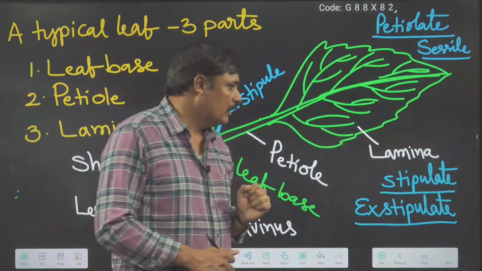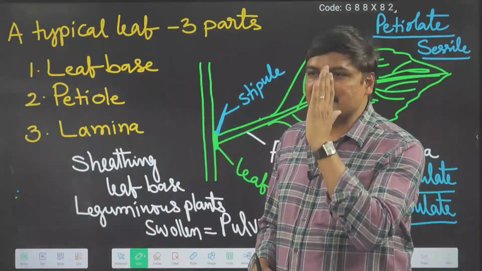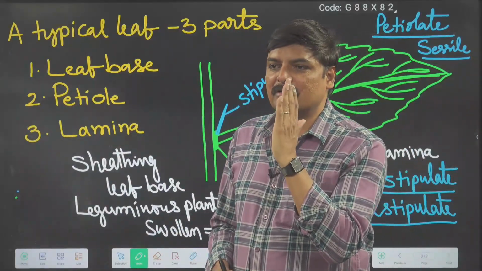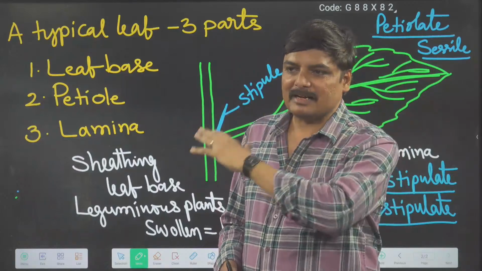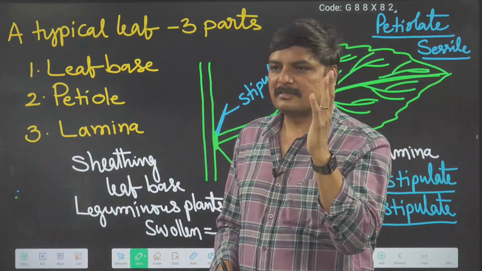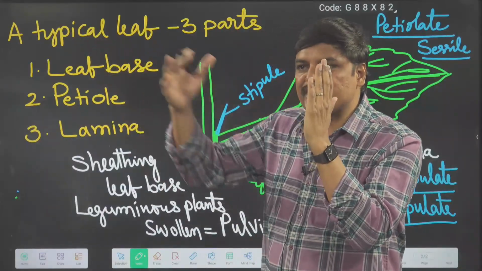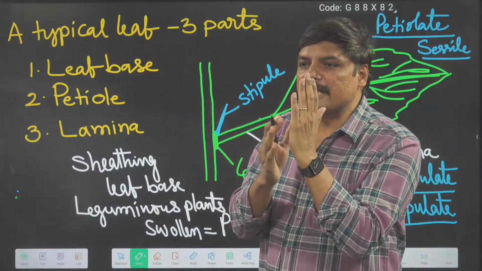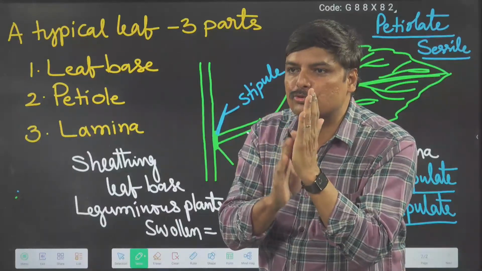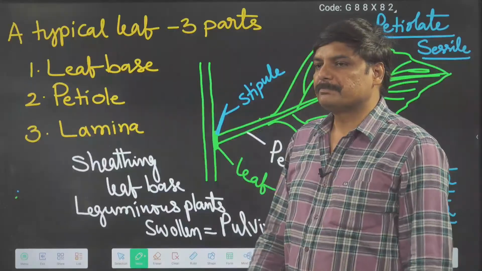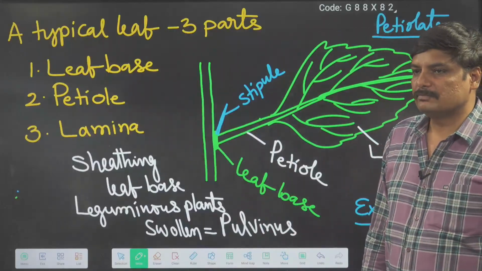Another function is, if the petiole is long and flexible, this petiole flutters in the air like this. As a result, it brings fresh air to the leaf, thereby causing a cooling effect to the leaf.